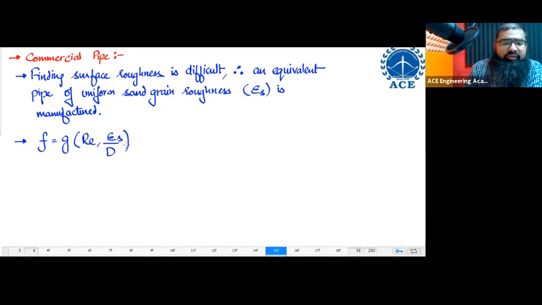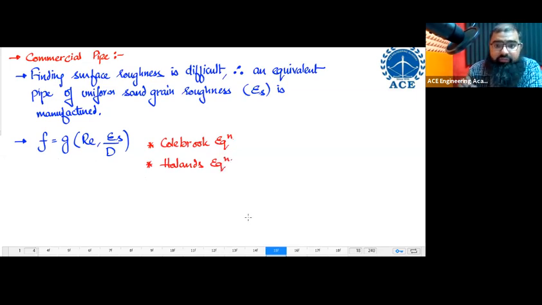There are many formulas of this particular sort. One formula is known as the Colebrook equation. He was the first person to have given such a formula. Then one formula is known as Haaland's equation.